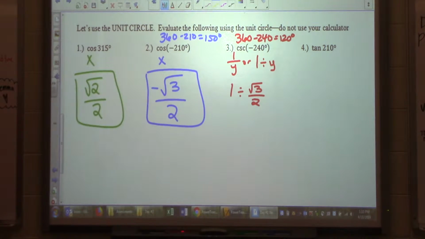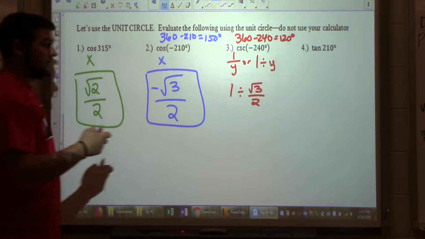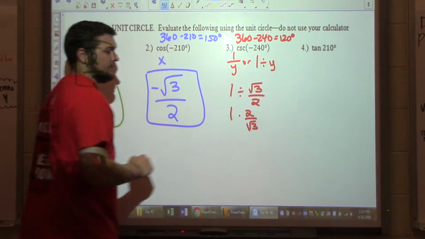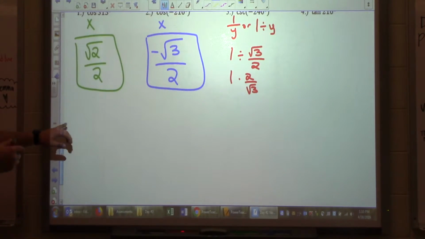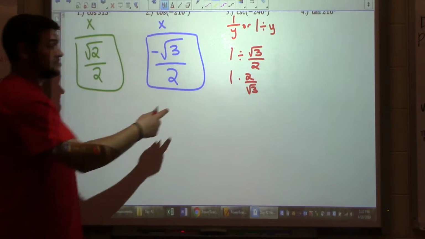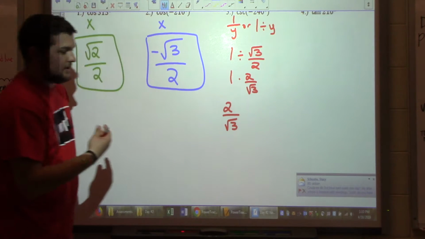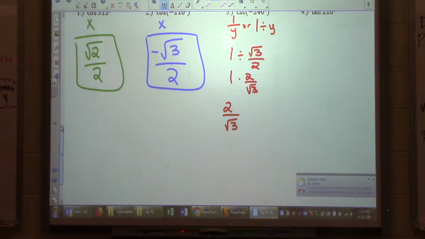Do we divide by fractions? No, we multiply by the reciprocal, right? So this would be the same as 1 times 2 over the square root of 3. Well, 1 times anything is itself. So this is 2 over the square root of 3. Do you think that we're going to leave a radical in our denominator? No. We need to do what with it?